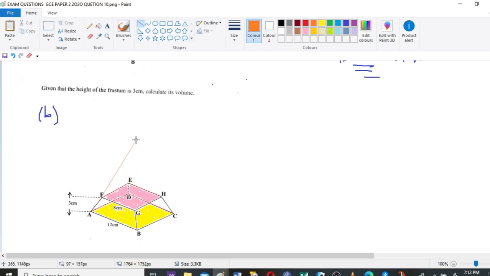So let's just assume how it would look if we were to complete it when drawing. It would look like this. All right, so this is how our frustum would look if we finish it up.